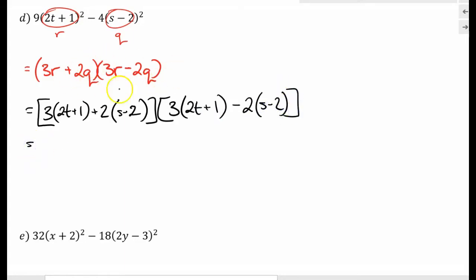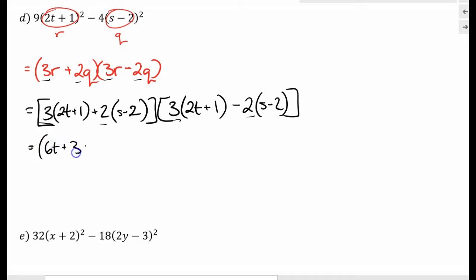Okay, so make sure you're plugging them back in correctly. Don't lose those coefficients out in front. 2 is still there, 2 is still here, 3's are still there. Always double check that we're not dropping anything. Opposite signs still happen. Okay, we're going to expand from here.